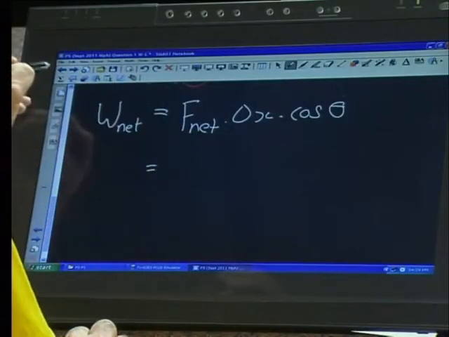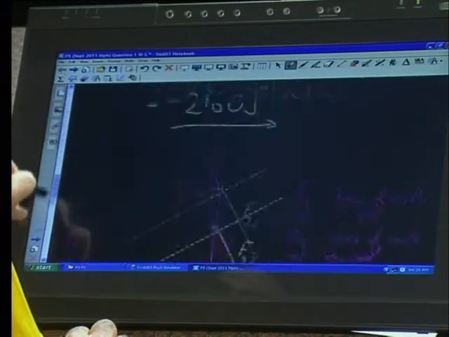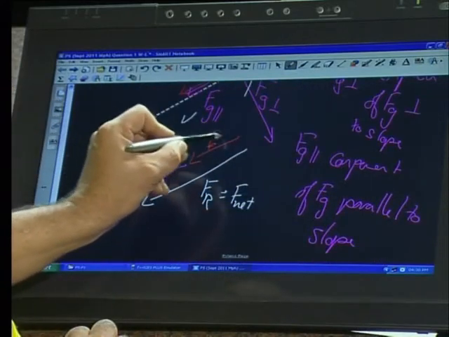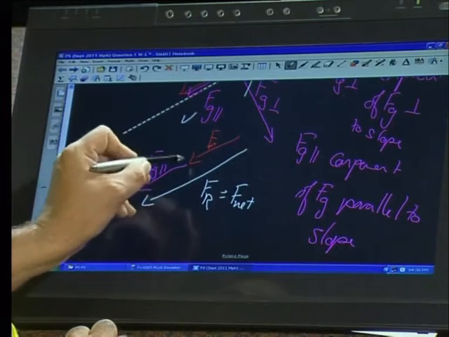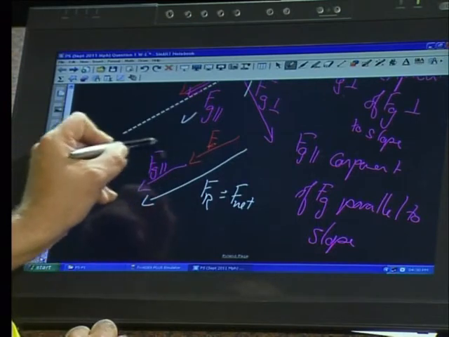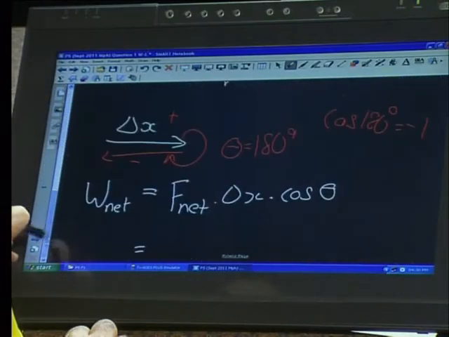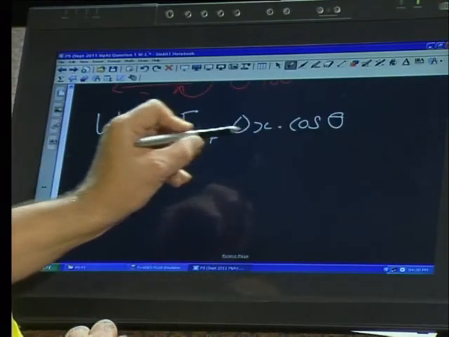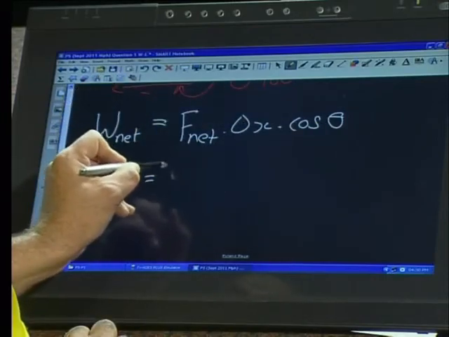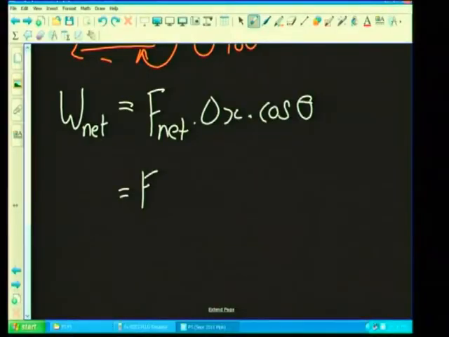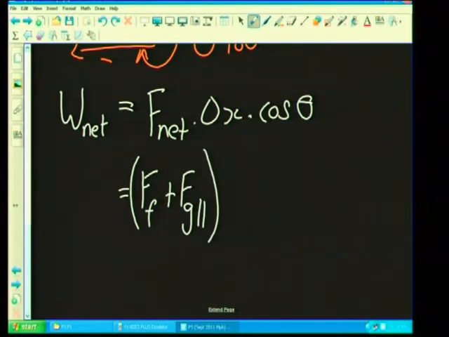This F net is going to be the combination of these two: the frictional force plus the component of the gravitational force parallel. So I'm going to put that into this equation and separate them out like this. It's the frictional force plus F g parallel, times delta x, times cos theta.